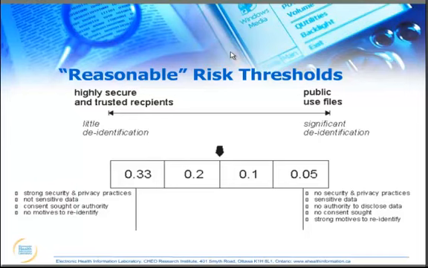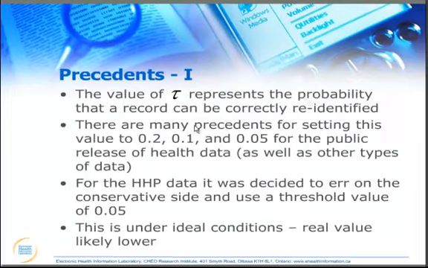A lot of organizations release tabular data with counts, which are essentially the same thing as individual level data when you convert it, but because it's in tabular form, it's considered aggregate data, which in reality it's not. So count tabular data with a threshold of 0.2 has also been used quite often to release health information.